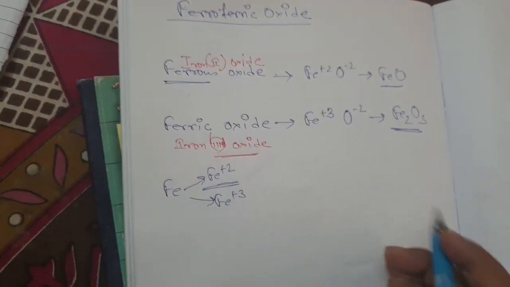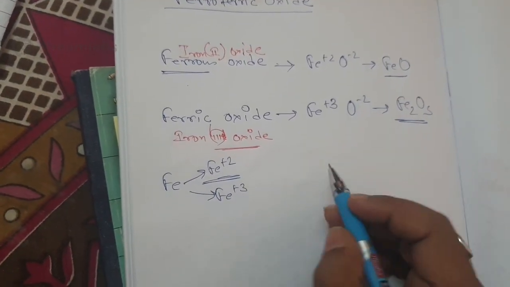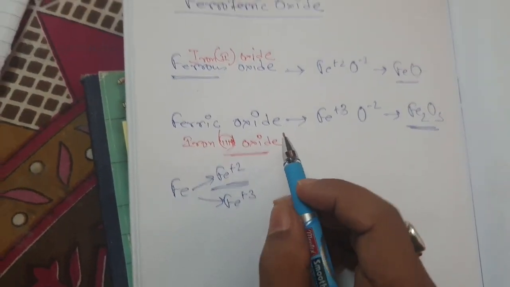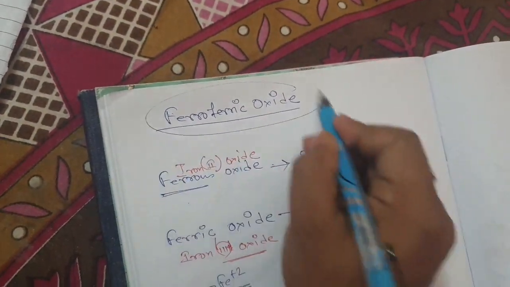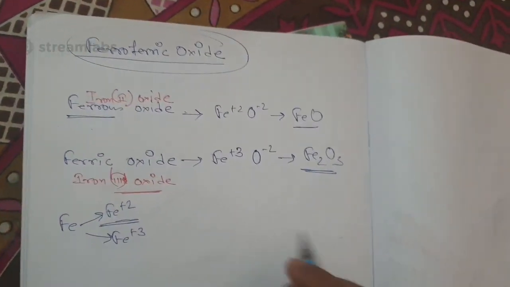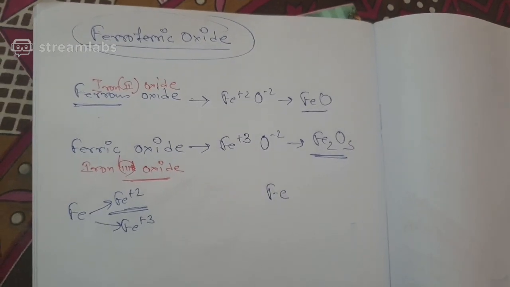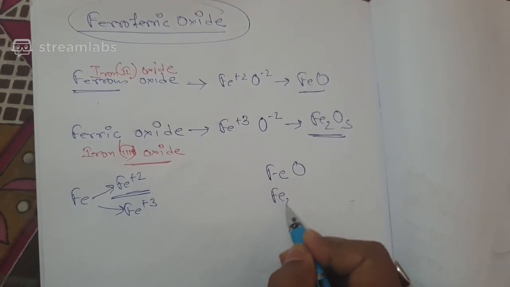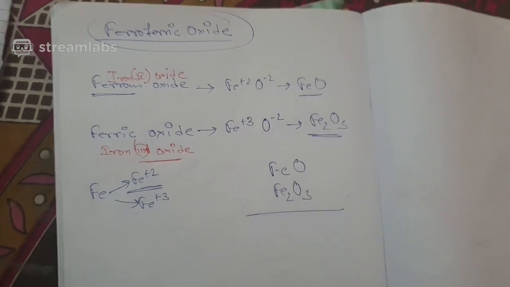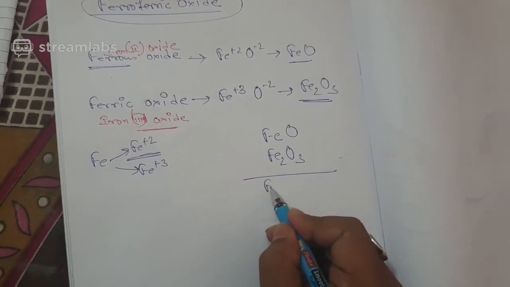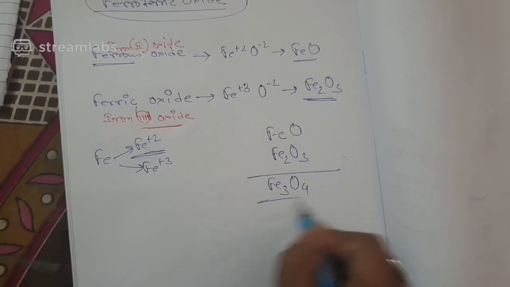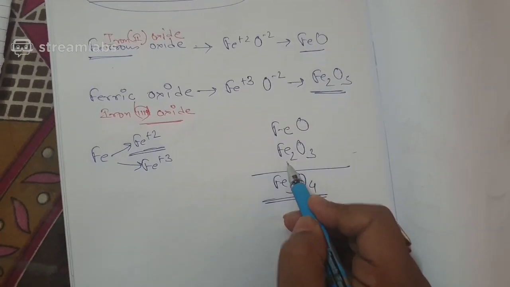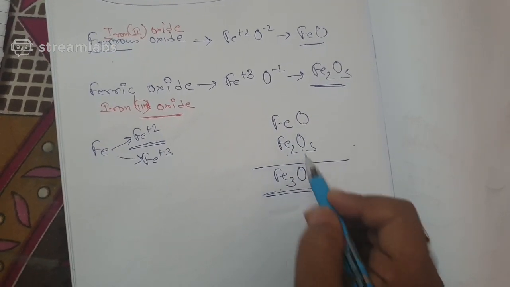So that means the ferrous oxide and the ferric oxide together will form ferroferric oxide. This is a special thing that you should understand, that FeO plus Fe2O3, if you combine them, then you will get Fe3O4. Fe plus Fe2 is Fe3, O plus O3 is O4.